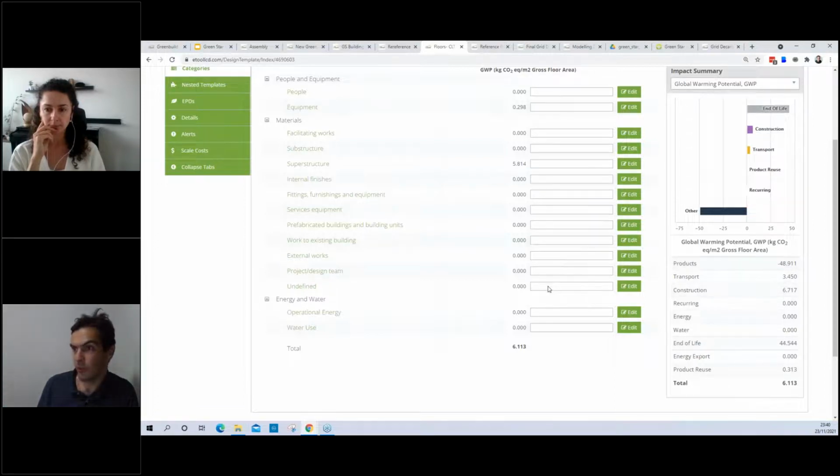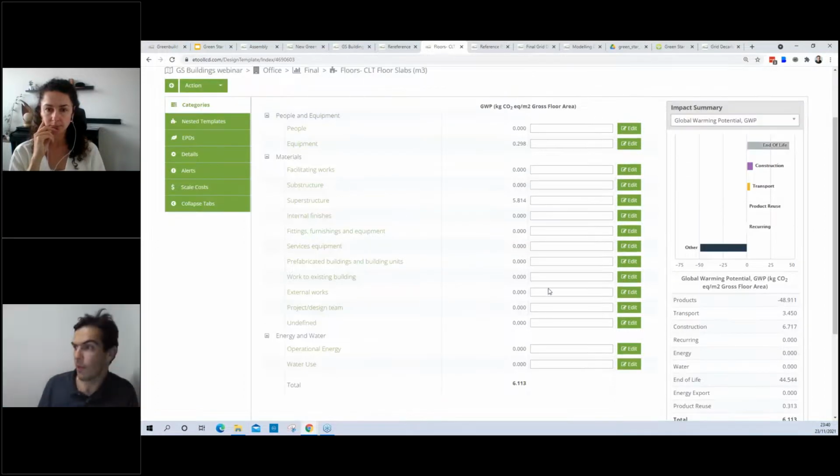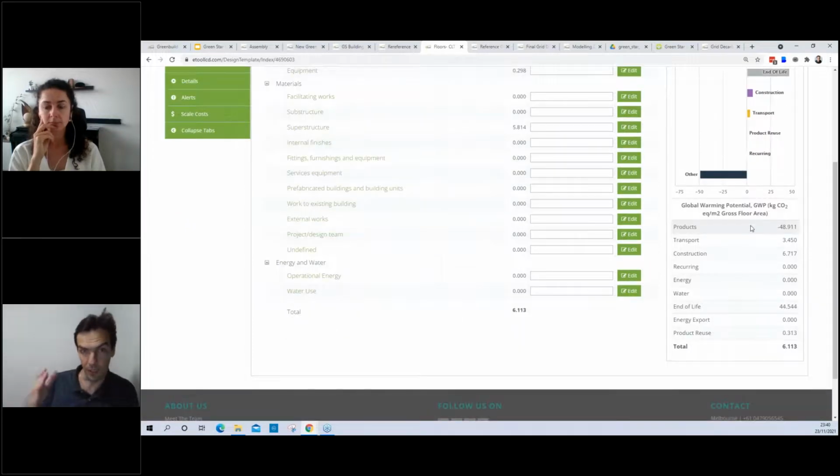And you see that, for this CLT floor slab, although you have some credits to begin with at product stage, you have to account for the transportation impact, the construction impact, and also the end-of-life impact. So you end up with a small impact overall, but that provides a saving compared to a reinforced concrete slab, for example. So this is the full life cycle scope.